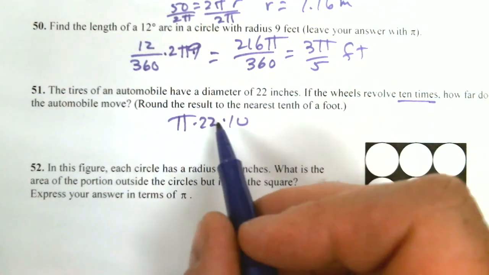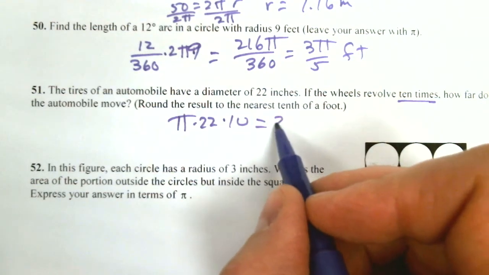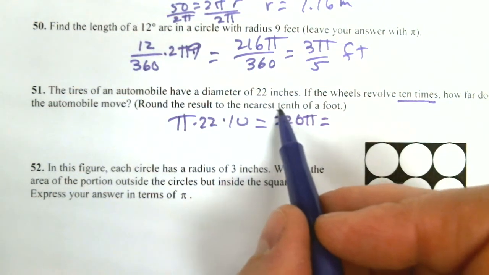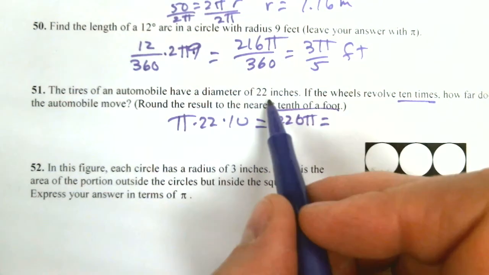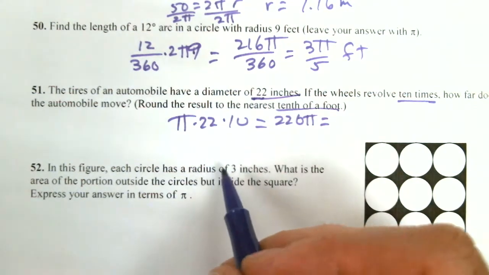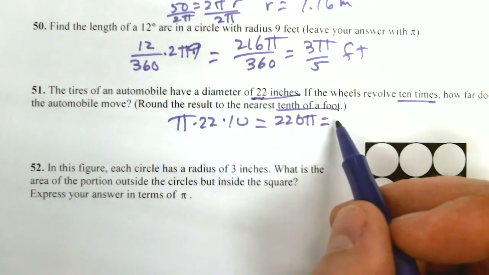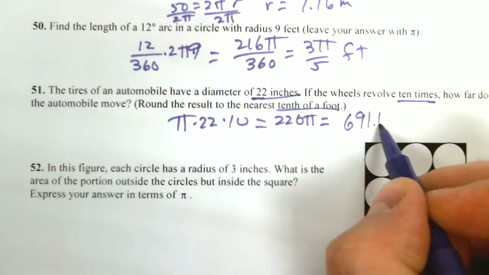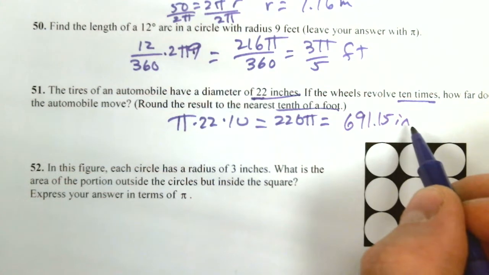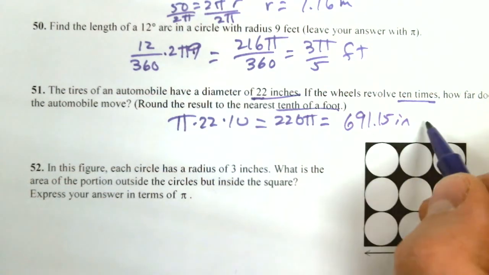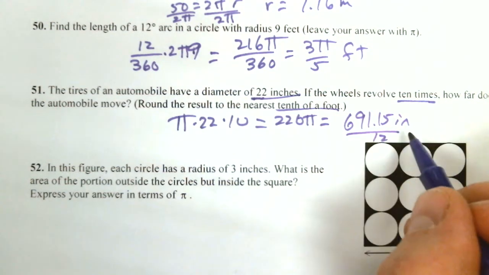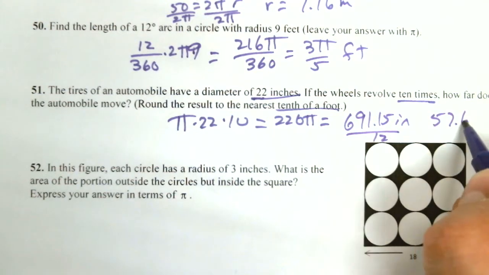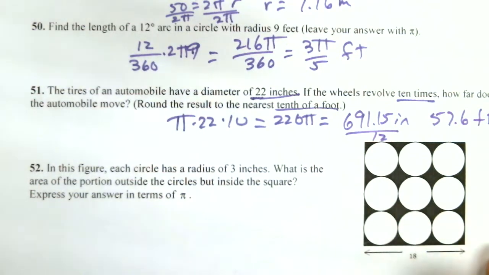I get 220 pi, and this is still in inches because my diameter was in inches. Multiplying that out, I get 691.15 inches. Dividing that by 12, I'm going to get the answer in feet, 57.6 feet.